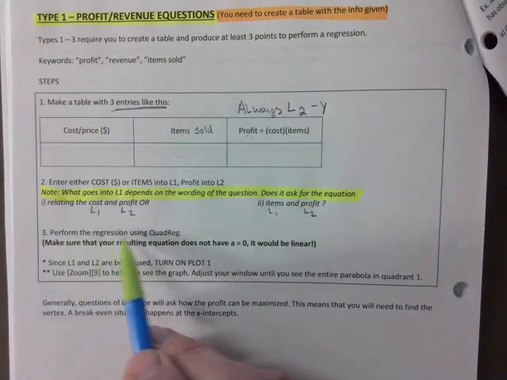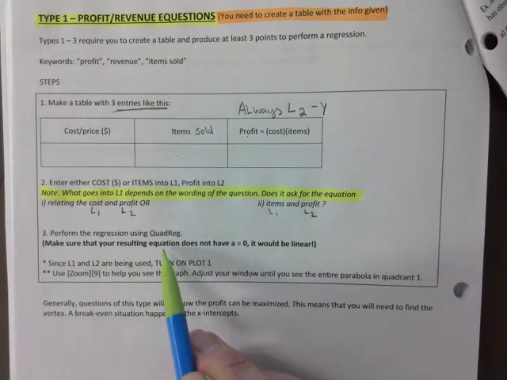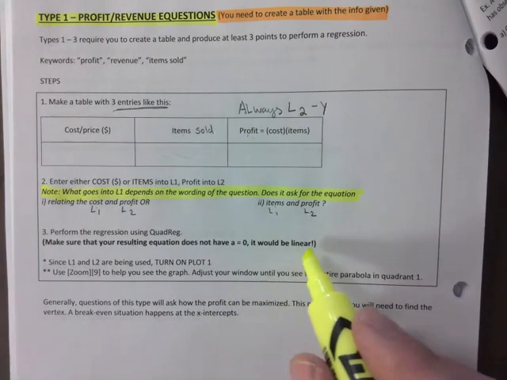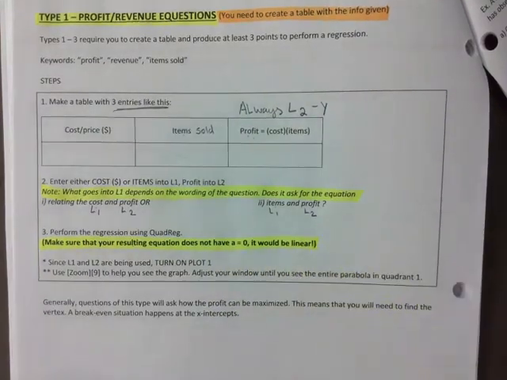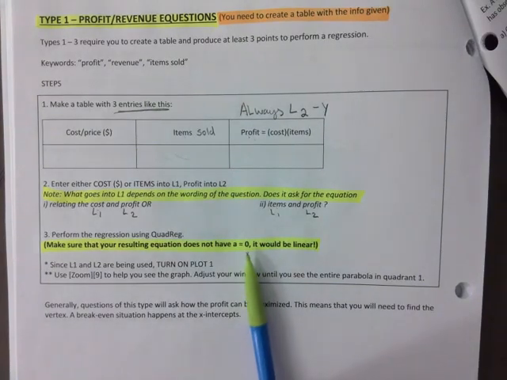And then you perform your regression using quadratic regression. Make sure the resulting equation does not have A equal to 0. That would be a linear. Okay? That's an important note to make. If you do the regression and you get A equal to 0, it's not a quadratic.